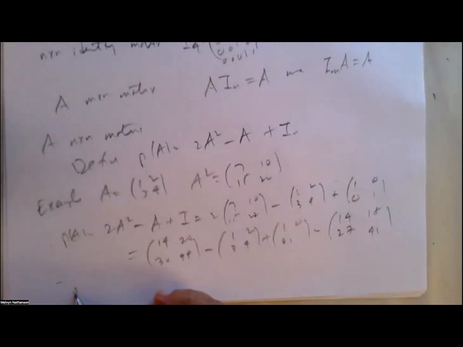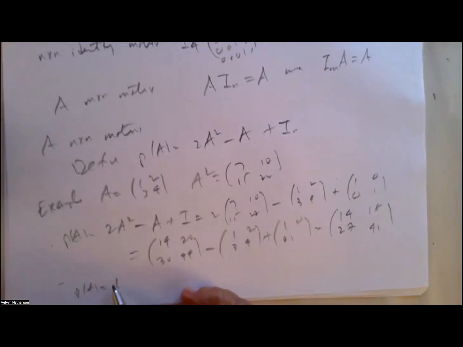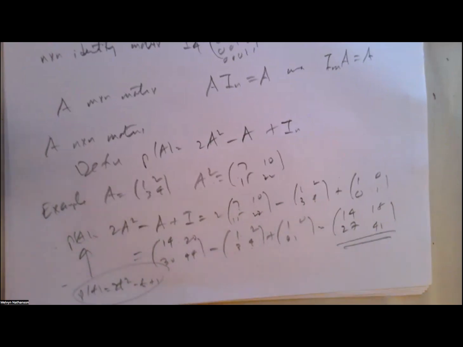So if I take the polynomial P of t equals 2t squared minus t plus 1, and I plug in A for t, and do my calculation, this is the result.